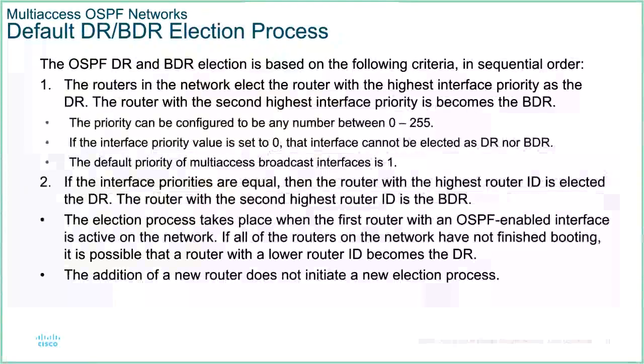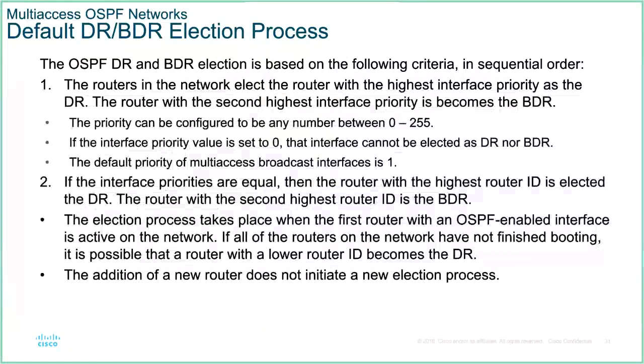So the election process is very set. It follows the same steps. The highest interface priority will be elected as the designated router. The second highest will become the backup designated router. Now, what's a priority value?